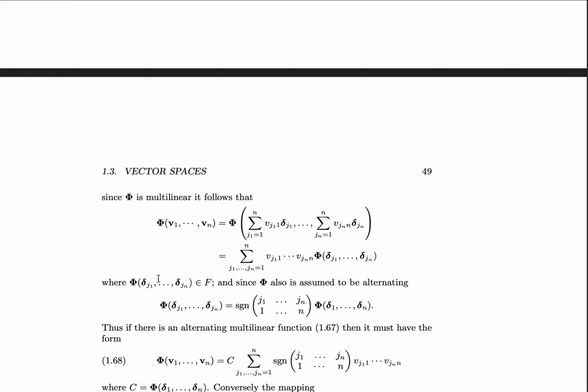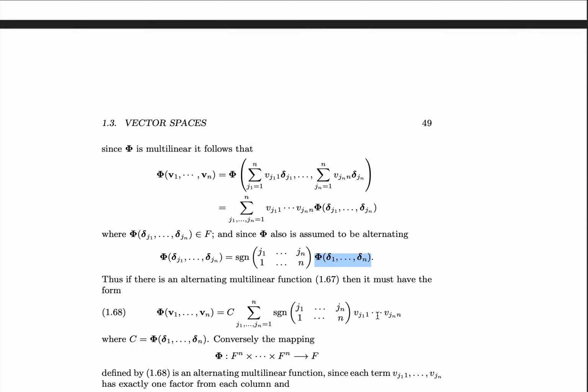All of this is being multiplied by phi on each of the basis vectors, where phi on each of the basis vectors is an element of F. But since phi is assumed to be alternating, phi of e_{j1} up to e_{jn} is simply the sign of (j_1, ..., j_n) times phi of e_1 up to e_n.